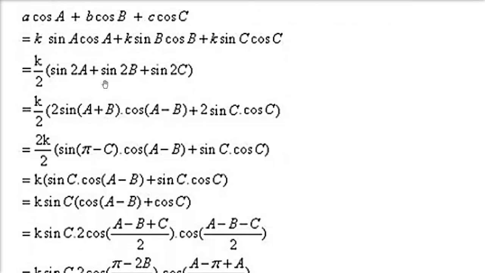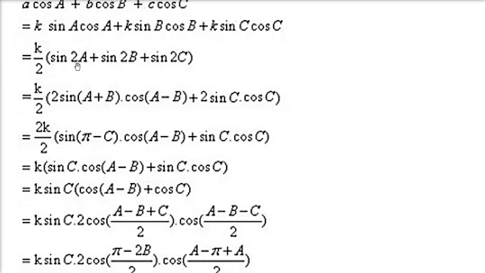Now here, take these two. There is no point of doing this with the sin 2c, because we are going to use it. So this sin 2a plus sin 2b, use the formula of sin c plus sin d. So you get sin of (2a plus 2b) by 2, that is 2 into (a plus b) by 2, that is a plus b only.